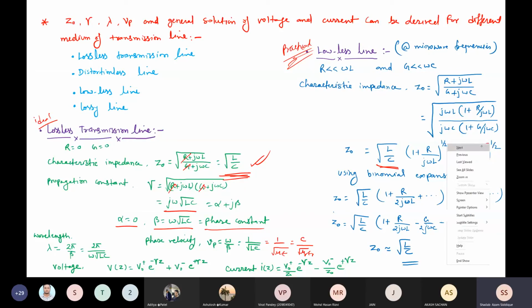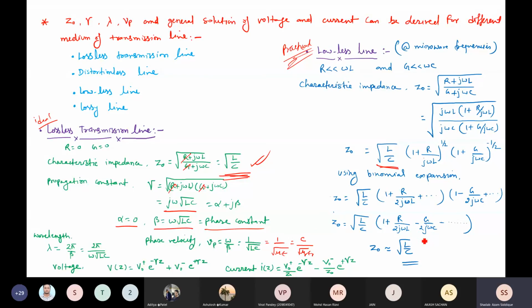Since R is much less than omega L, use the binomial expansion: this becomes 1 plus R by 2j omega L, plus higher terms you can ignore, and 1 minus G by 2j omega C. Multiplying these two and ignoring higher terms, you get 1 plus R by 2j omega L minus G by 2j omega C.